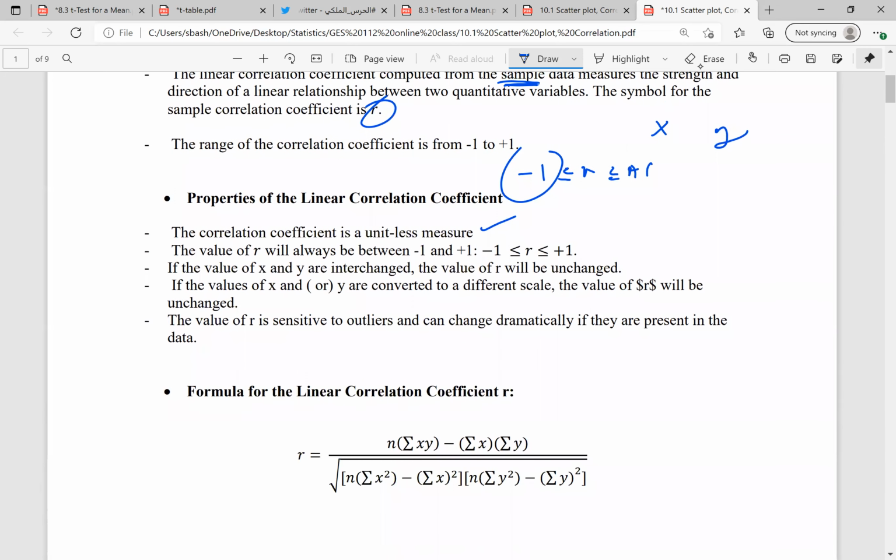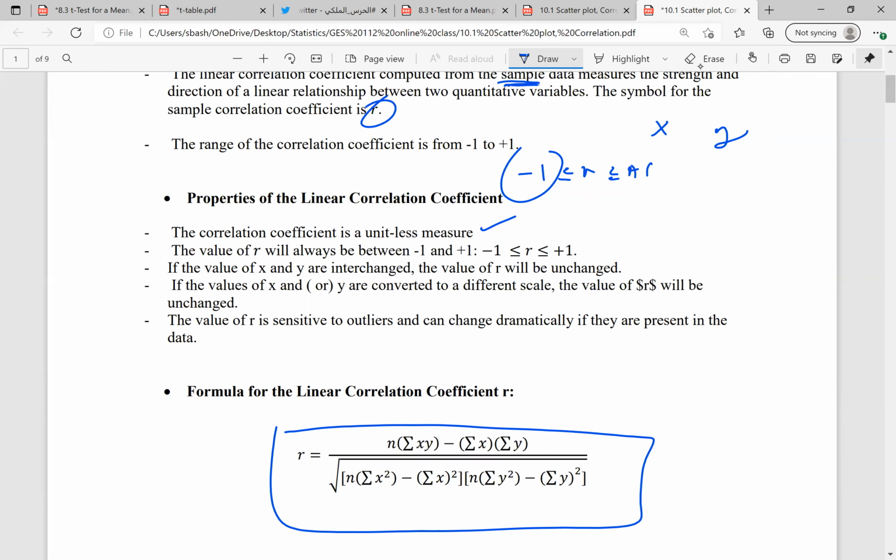Now, to find the linear correlation coefficient r, we have to use this formula. It is n multiplied by sigma of xy minus sigma of x multiplied by sigma of y, divided by the square root of n multiplied by sigma x squared minus sigma x all squared, times n multiplied by sigma y squared minus sigma y all squared.